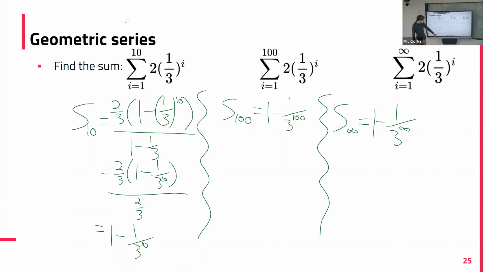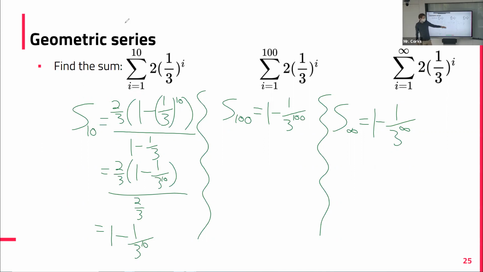So look at the pattern that's happening here. This number was close to 1. This number is even closer to 1. Less, but very close to 1. But this will suddenly turn into infinity. That doesn't make sense. Okay, so what do you think this will get close to?